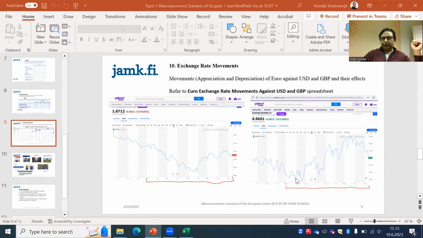If you look at the overall trend, there are some heads and shoulders you can see here. But if I had to draw a straight line for this period, I would say that despite this recent month's decline in the value of the euro vis-a-vis the Great Britain pound, the trend has been quite upwards.